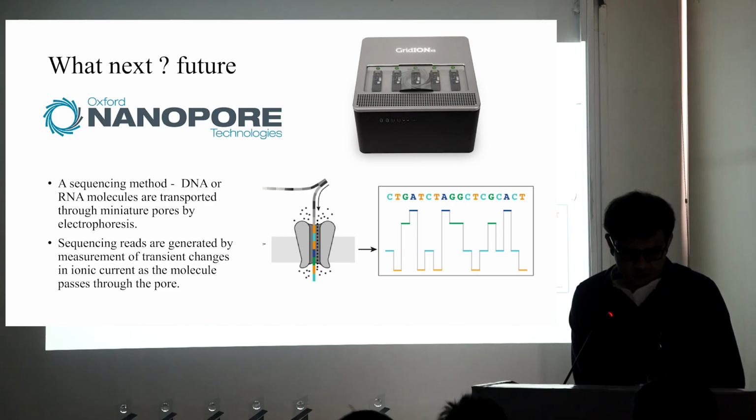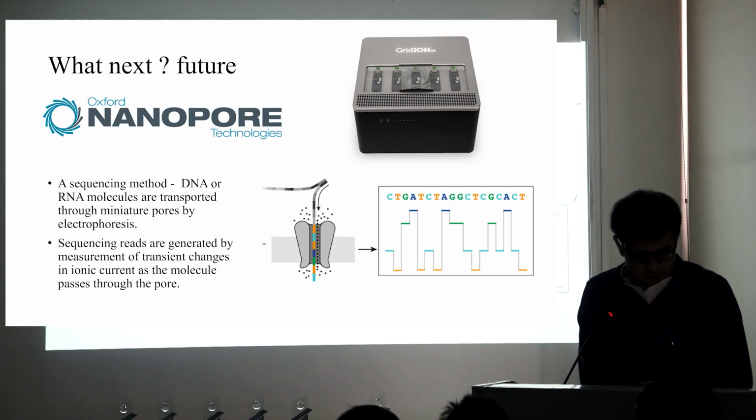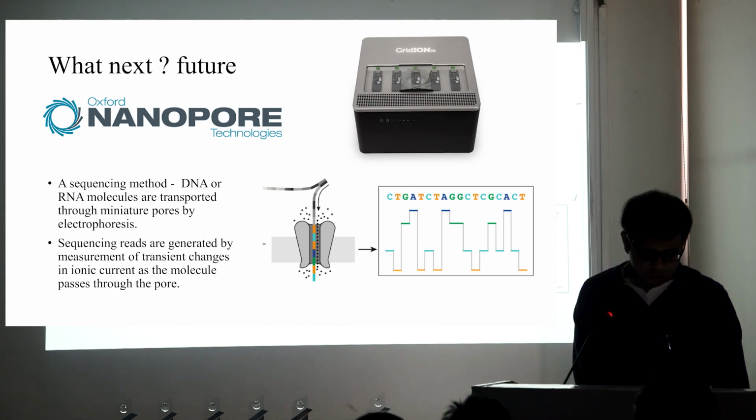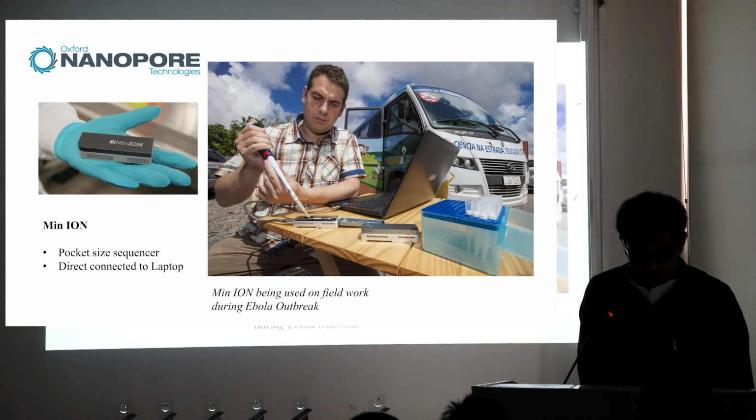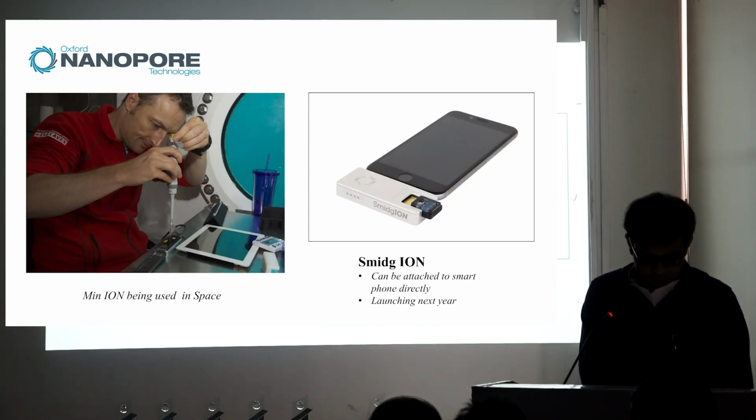So these are the smaller ones, the nanopore technology. Small machines are all there, and they are all doing sequencing, either DNA or RNA molecules. This person is sitting in a village in Africa, with this small device attached to his laptop, using it during the Ebola outbreak.